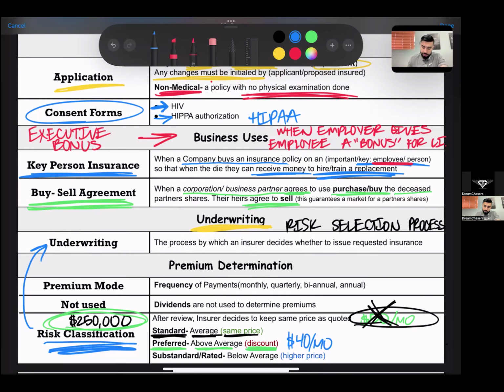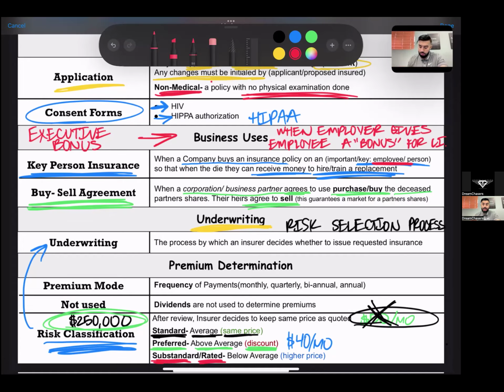And then third is a substandard risk. So substandard, or also known as rated. So substandard, right? So just think of a submarine. A submarine goes underwater, right? So substandard would be under standard, meaning unhealthy, right? Below average.